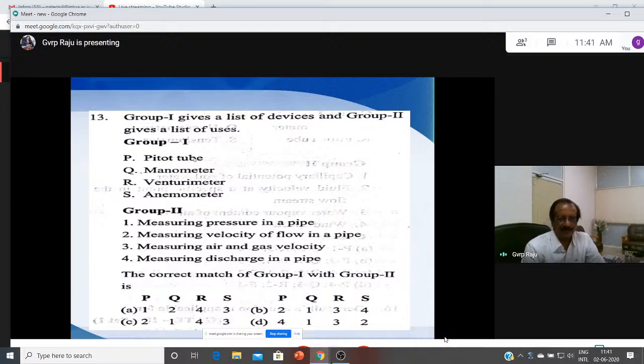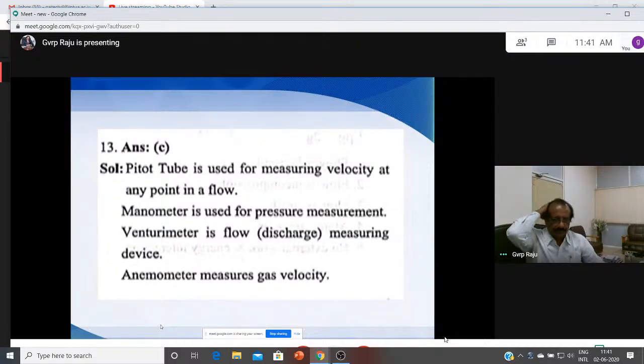So the pitot tube measures velocity of the flow, manometer measures pressure, venturimeter measures discharge and anemometer measures air and gas velocity. So answer C is correct. Answer C.